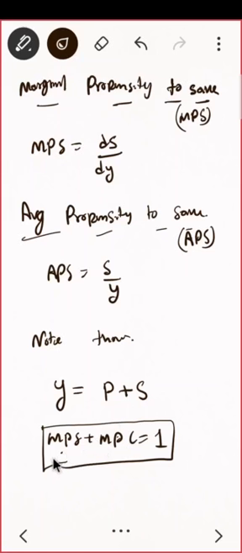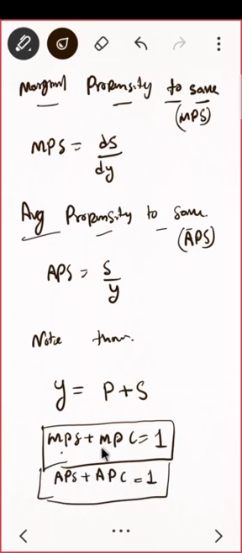And the same happens with APS and APC. That addition is also 1. This is an easy exercise. If you divide by y, you will see that you get APS. And if you differentiate with respect to y, it will be 1 equal to derivative of p with respect to y plus derivative of s with respect to y.